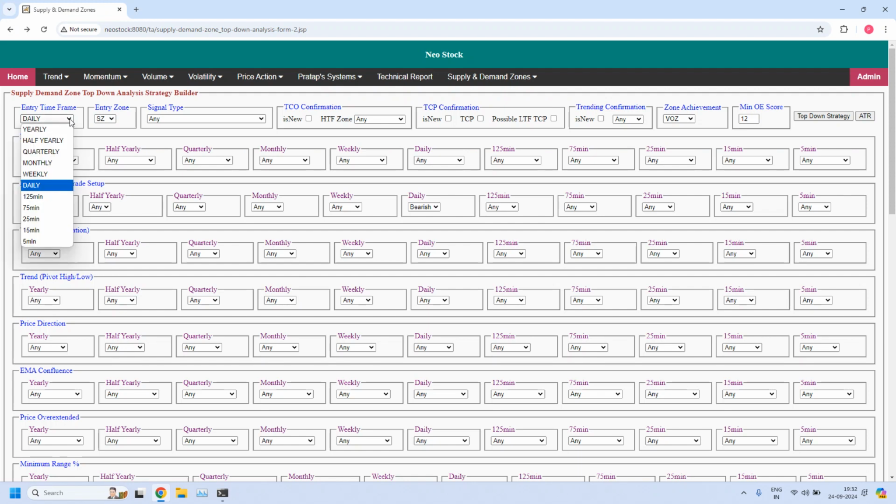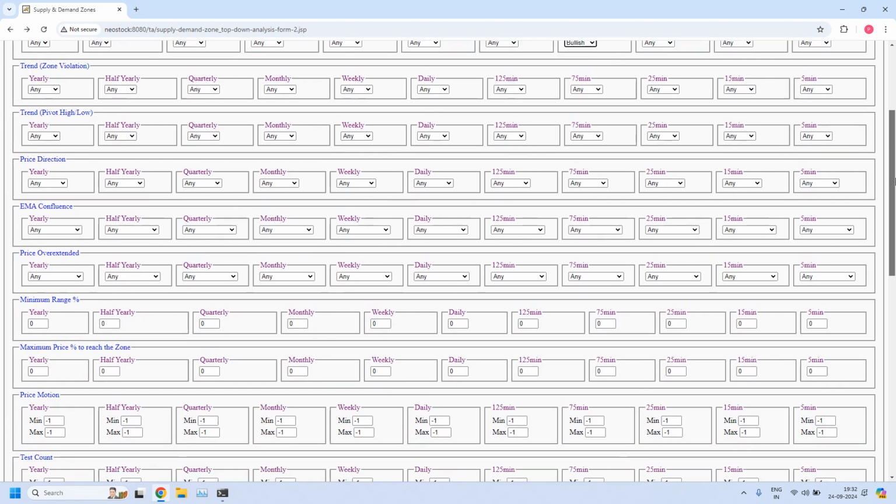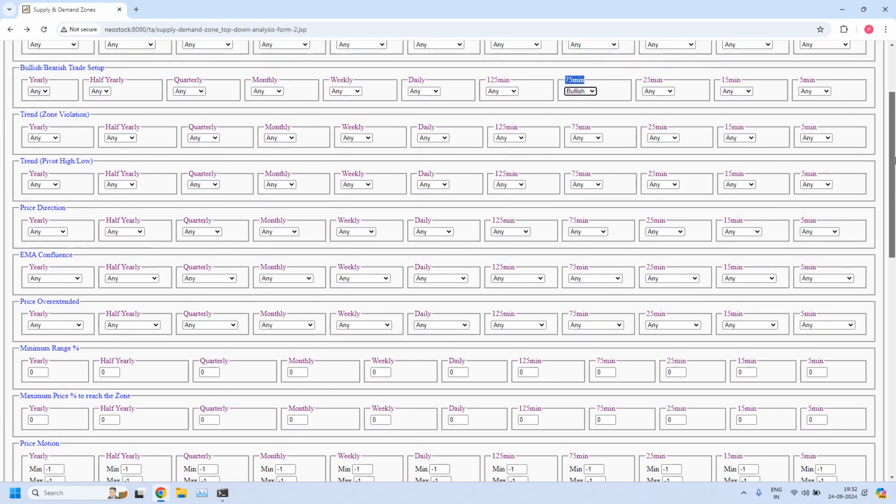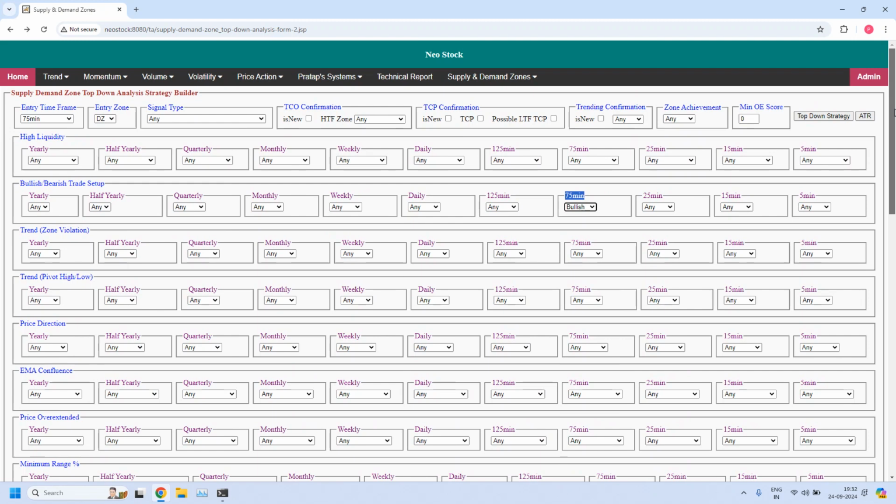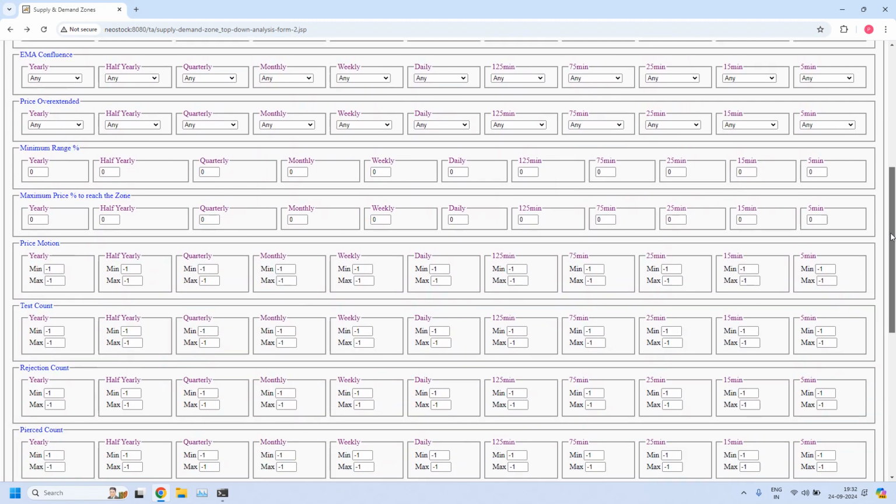And next set of reports are about bullish trade setup for weekly income trade. For bullish trade setup weekly income trade, entry time frame should be 75 minutes, and entry zone should be demand zone. In bullish or bearish trade setup at 75 minutes time frame I need to select bullish, and the 75 minutes demand zone should not be pierced.